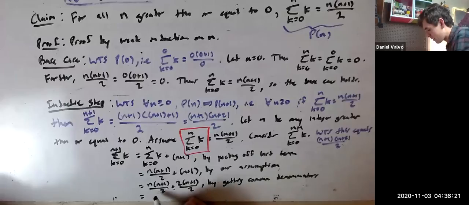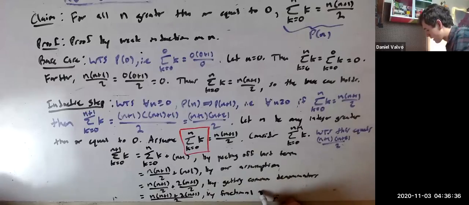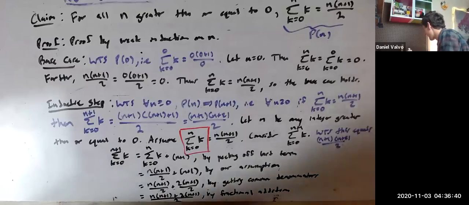And then this part equals n times n plus 1 plus 2 times n plus 1, over 2, by fractional addition. And we are so dang close.